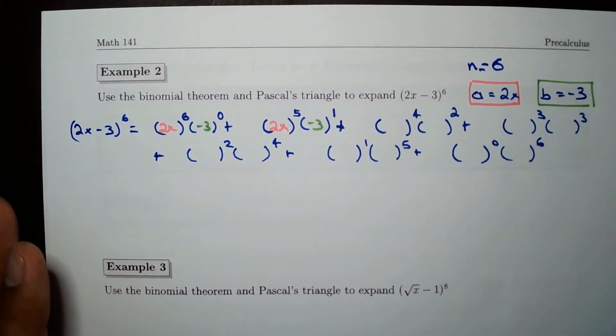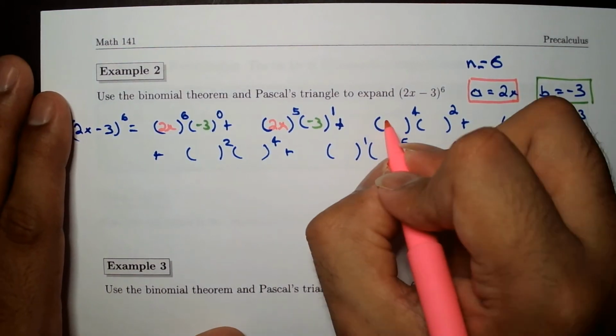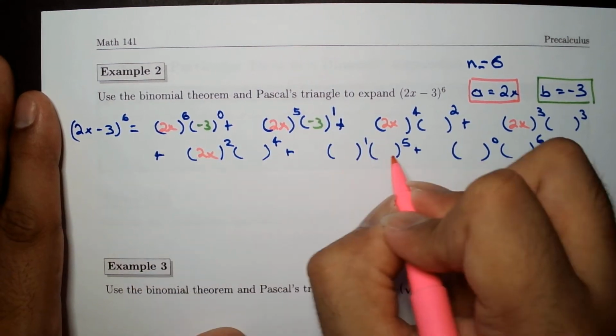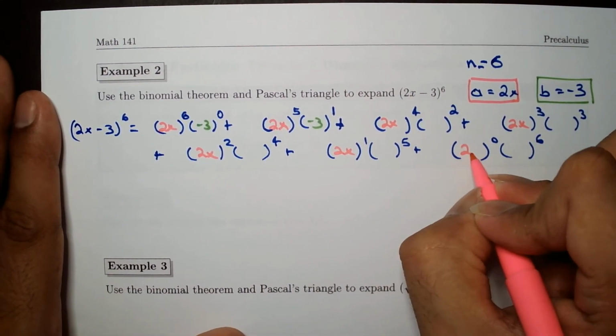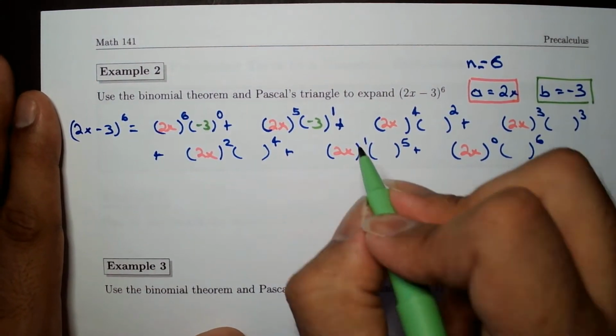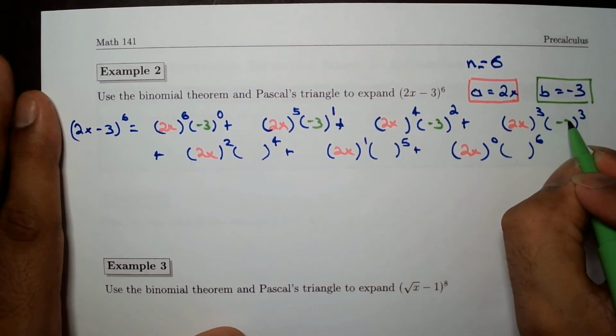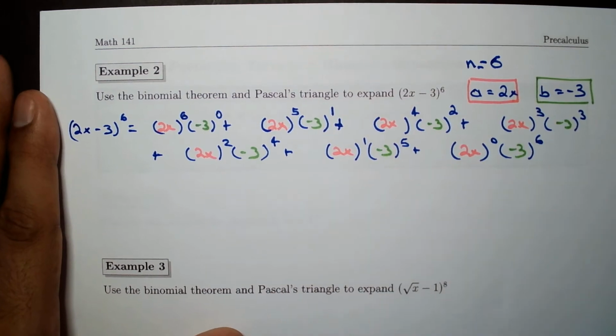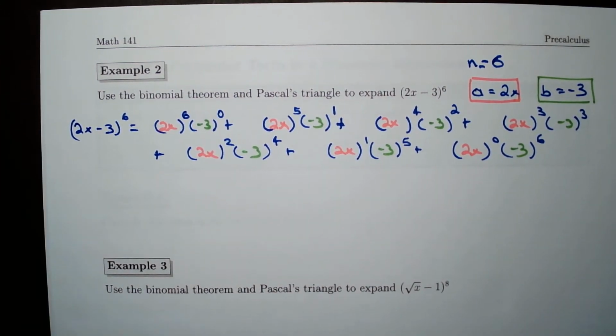So that's way shorter. So let me put the 2x, 2x, 2x, 2x, 2x. And then negative 3, negative 3, negative 3, negative 3, negative 3. All right, it's time to put the binomial coefficients.